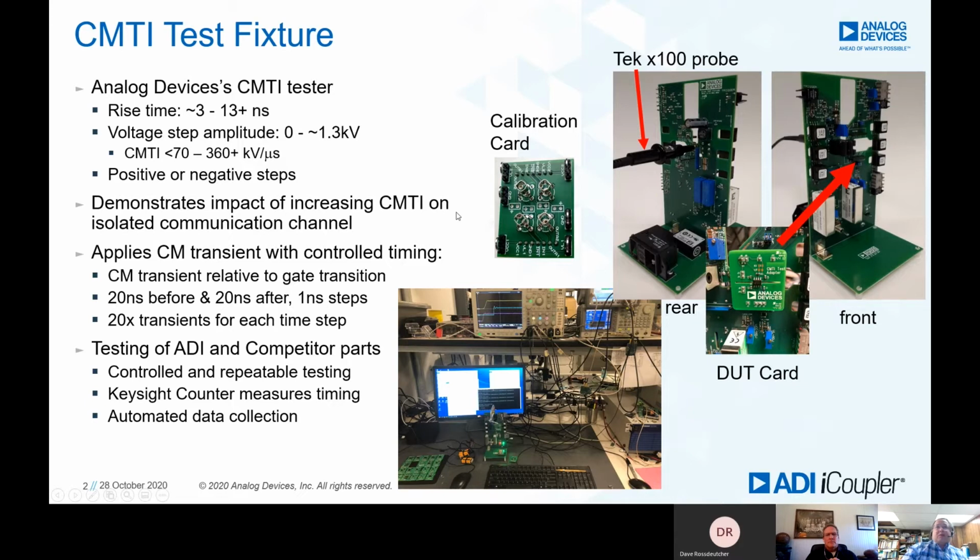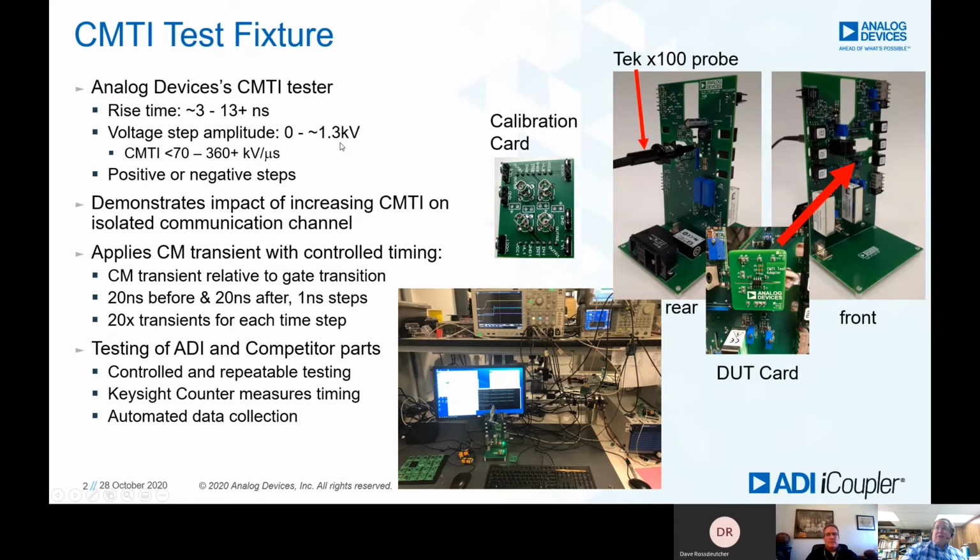Our fixture is able to apply a transient with rise times anywhere from about 3 nanoseconds to over 13. And then we have a power supply that we can adjust the magnitude of that step from about 0 to about 1.3 kilovolts.